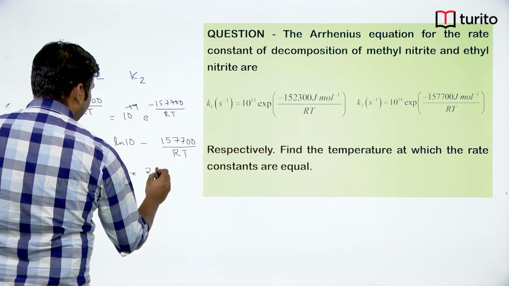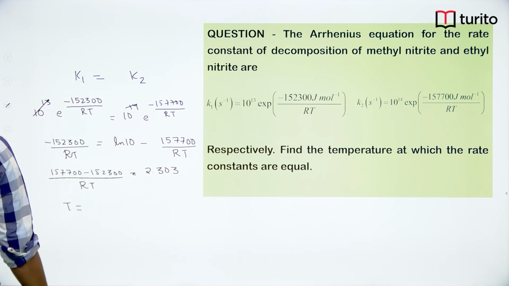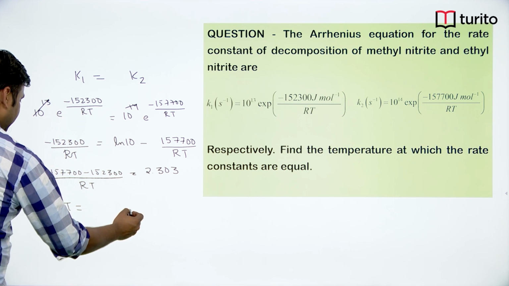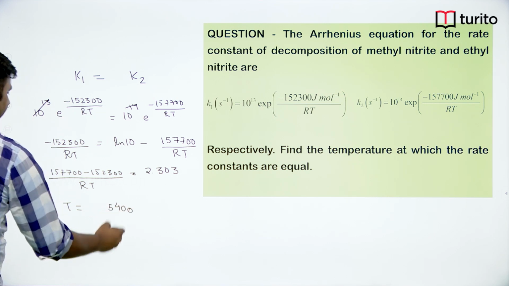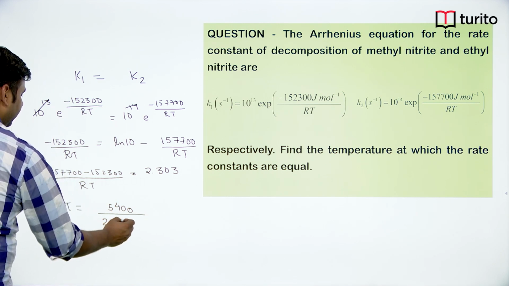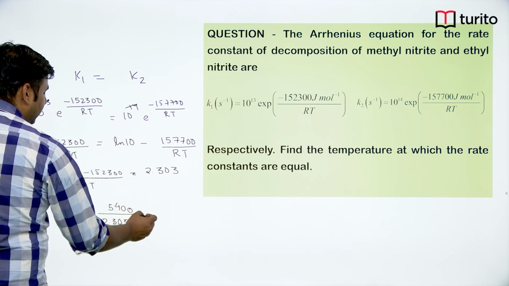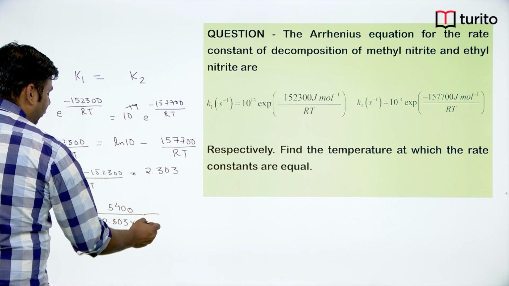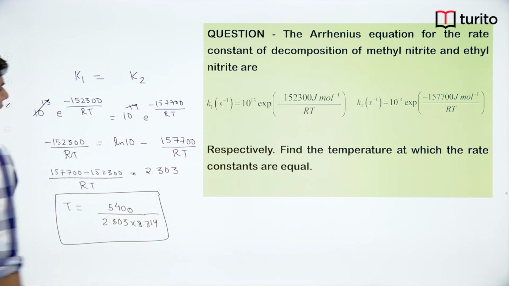I can write this as 2.303. So the temperature in this case, you just subtract this, so it is basically 5400 upon 2.303, and because everything is given in joules, we have to take R as 8.314. When you do this, we get the temperature in Kelvin.